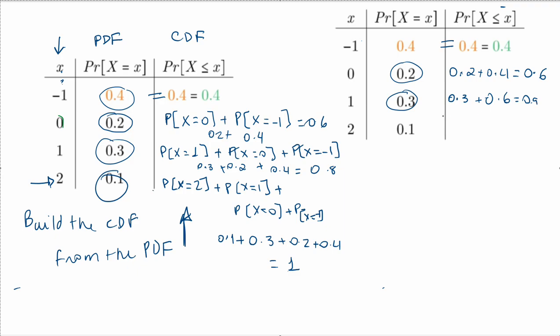And in the last one, it has to be 1. You don't even need to do the math. It has to be 1. Why? Because you will take 0.1 and you will sum up all the other lines. So in the end of the day, you're summing all the other lines of the PDF, and the PDF needs to sum up to 1.